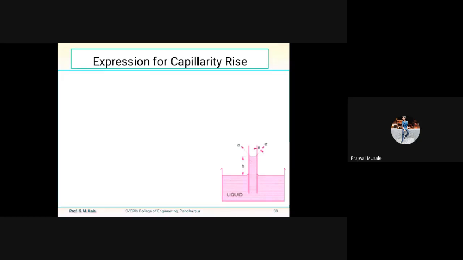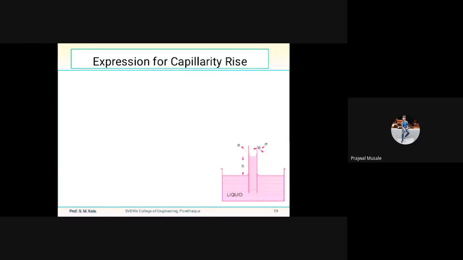In case of water, the capillary tube is made up of glass, so if the adhesive force of attraction between water and glass molecules is higher than the cohesive force of attraction between two water molecules, then and only then there will be a rise of water inside a capillary tube. So in case of water, there will be capillary rise.